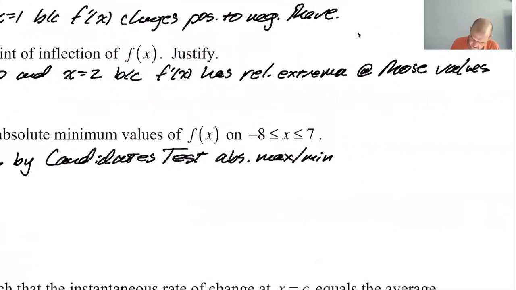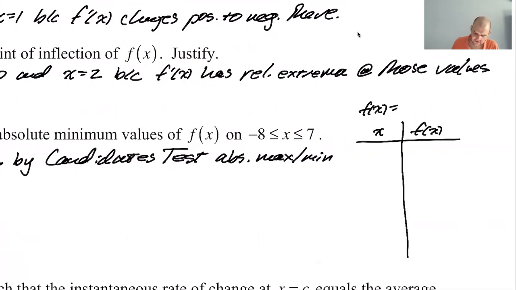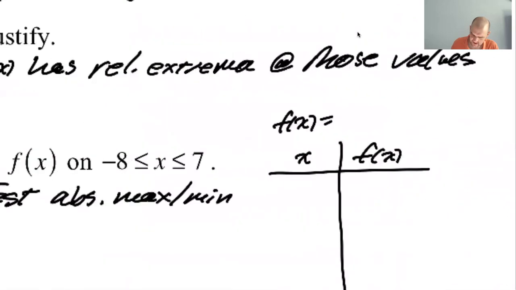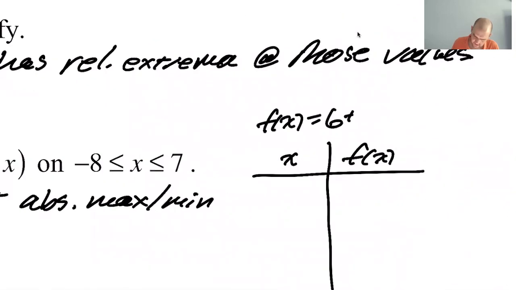It's going to be x, f of x. And then for f of x, I'm always going to be doing the value that I know, so (2, 6), right? So I'm going to do 6 plus the integral from 2 to x of, let's say, f prime of t dt.